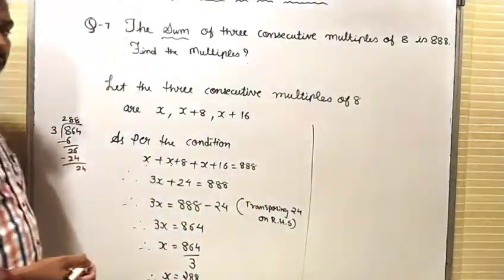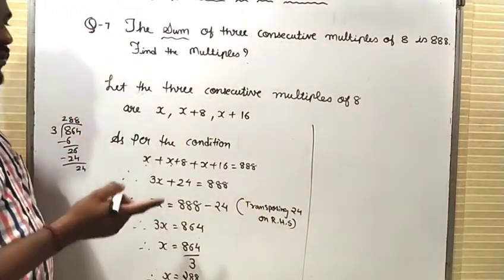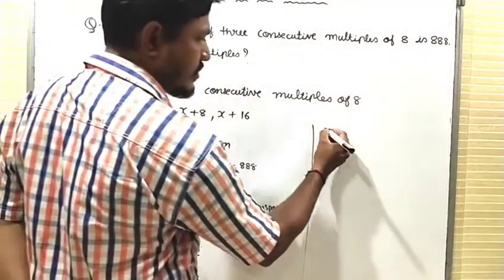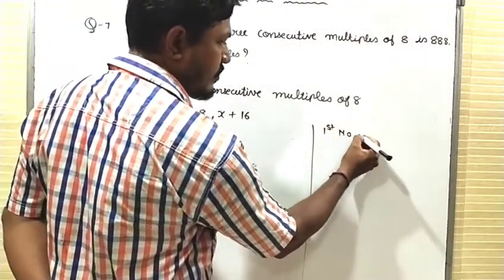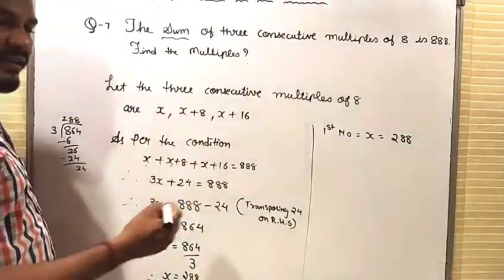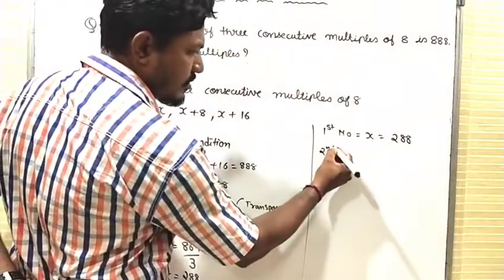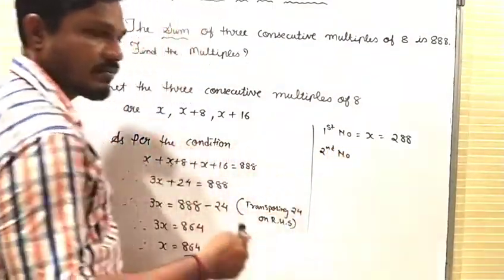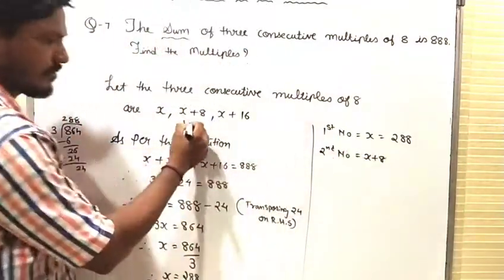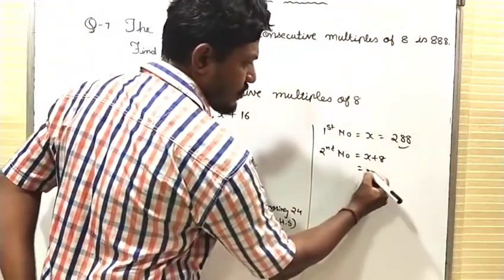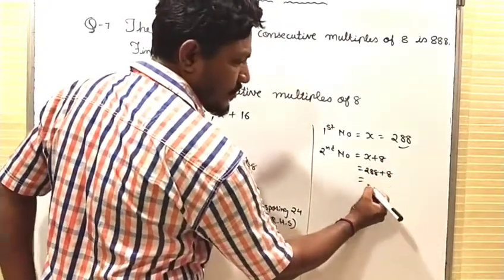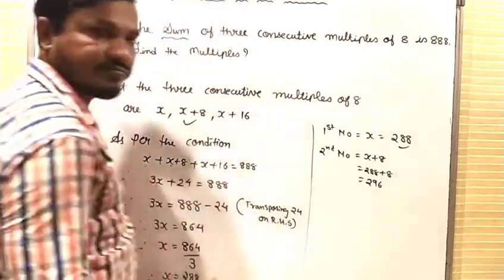Now as I got the value of x, that is my first consecutive number, which is a multiple of 8, 288. My next consecutive number, the second multiple of 8, will be x plus 8. The value of x I got is 288, just add 8 to it, so it will become 296.